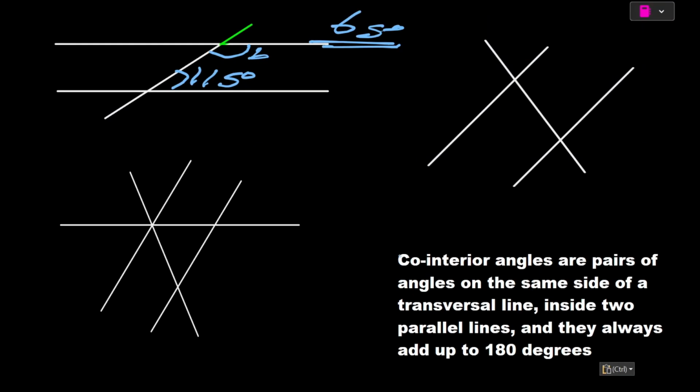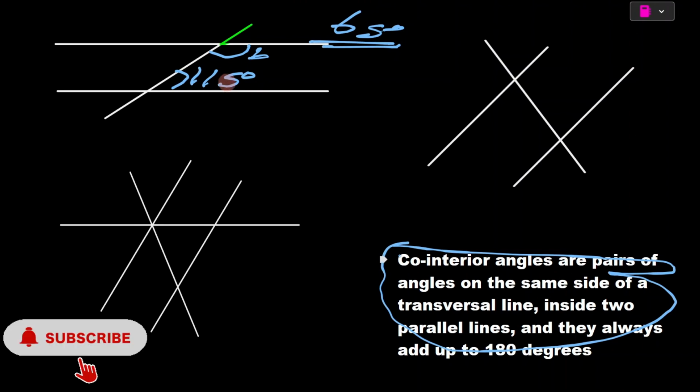And this is a transversal. So you can say co-interior angles are pairs of angles on the same side of a transversal line, between two parallel lines, and they always add up to 180 degrees. And this is what co-interior angles is all about. They always add up to 180.